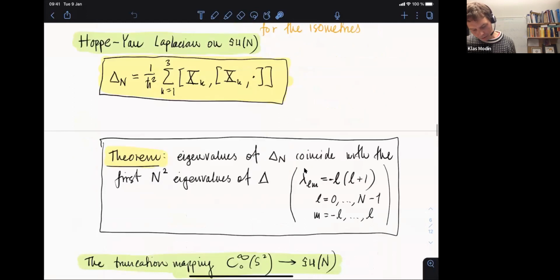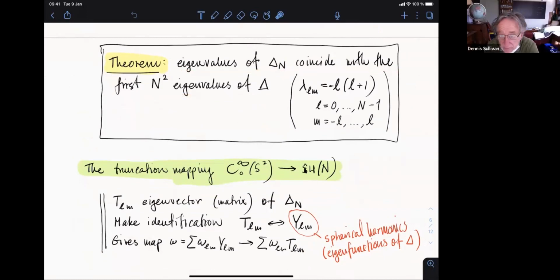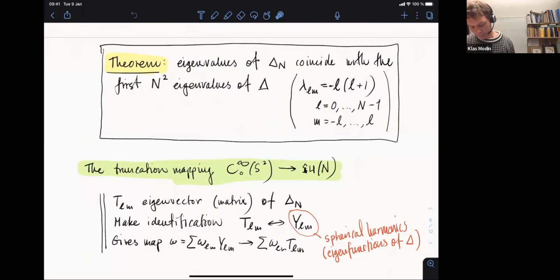And here is the nice theorem, okay. The theorem is the following. The eigenvalues of this quantized Laplacian coincide with the first n squared eigenvalues of the exact Laplacian. Huh. Okay. So amazing. The paper is very algebraic, and I'm sure it's completely obvious to them that this is the case.